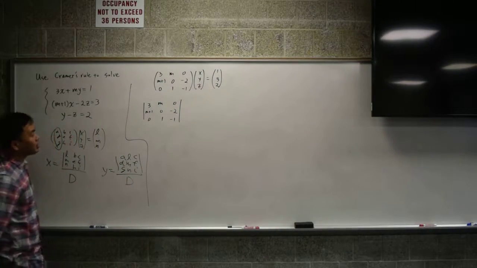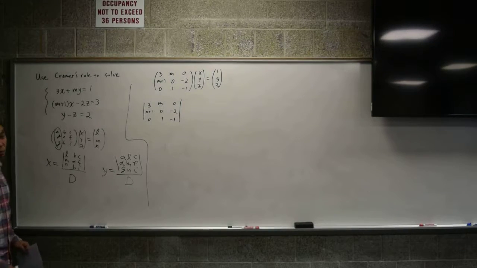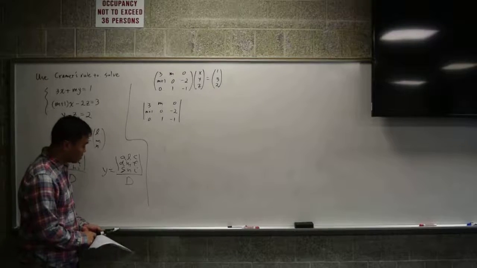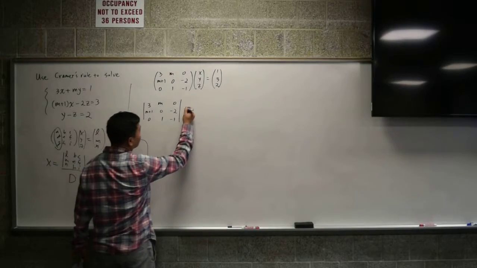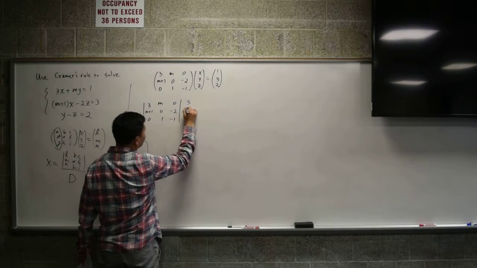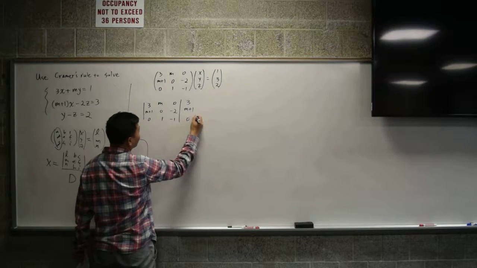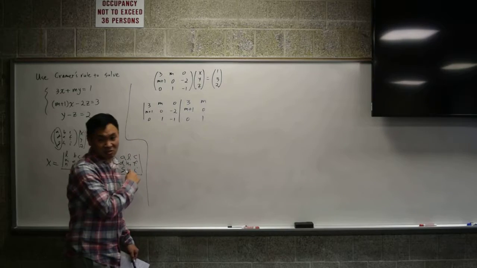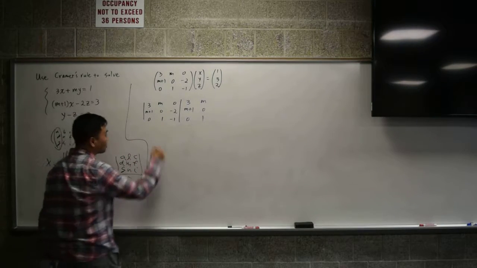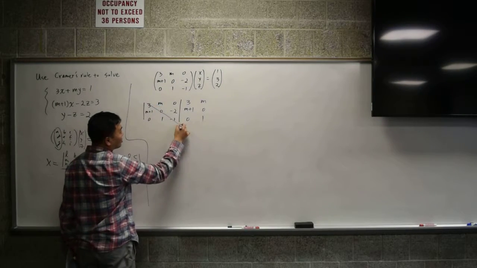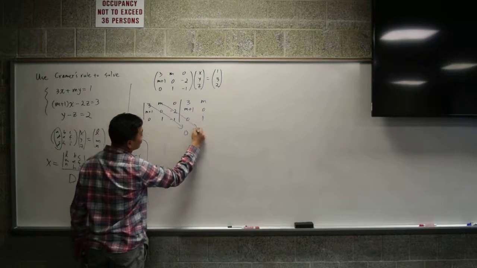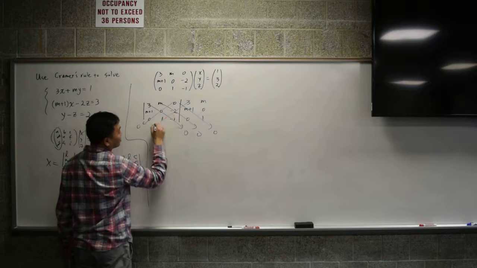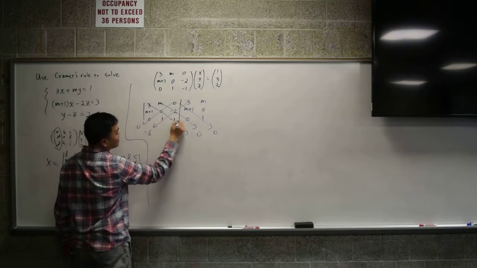You can opt to use the row expansion or column expansion, or you can take this other method. I don't really know which is faster. When I'm doing it alone, I just do the row expansion, but showing it on the board this is faster. So that's 0, that's 0, that's 0. Oh, everything's 0 here. That's negative 6.